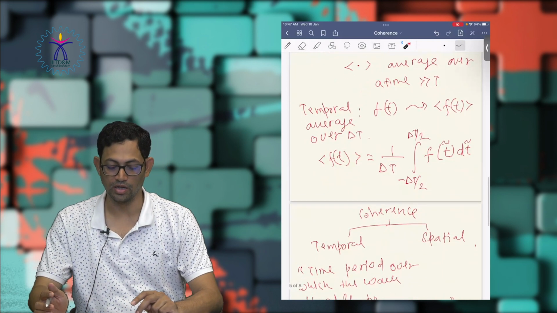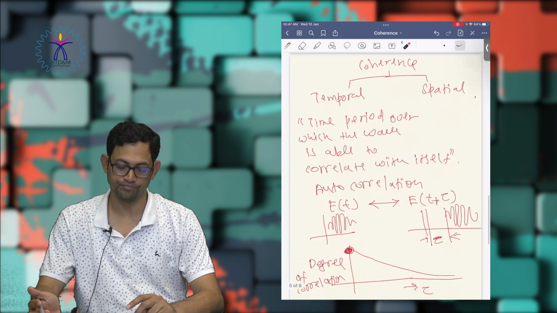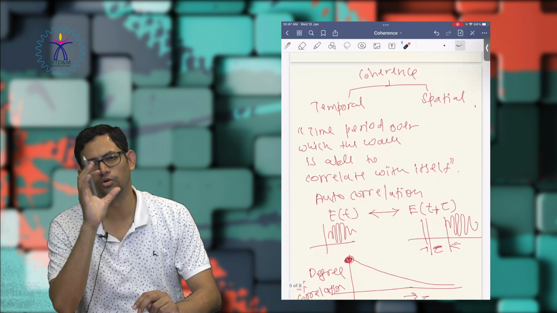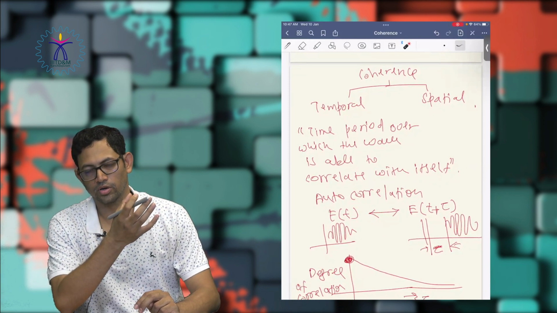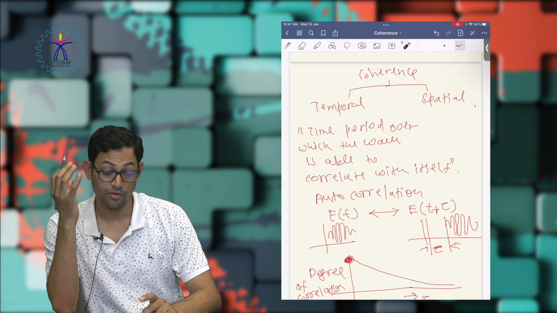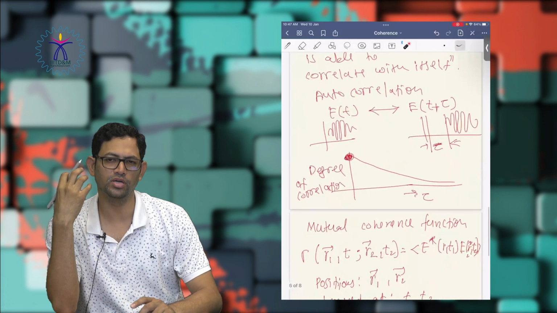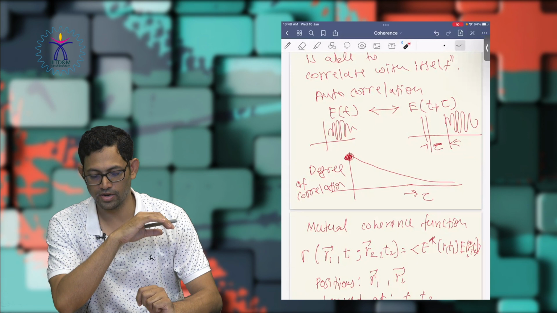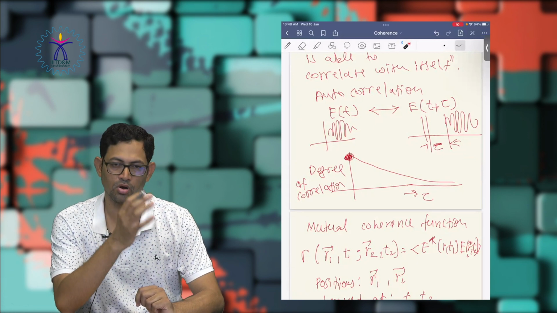And then we discussed that coherence has two ways of being defined. One is temporal, another is spatial. When you talk about temporal, you compare the same function, same electrical field or same wave packet, right. It's like comparing apples with apples, not apples with oranges.